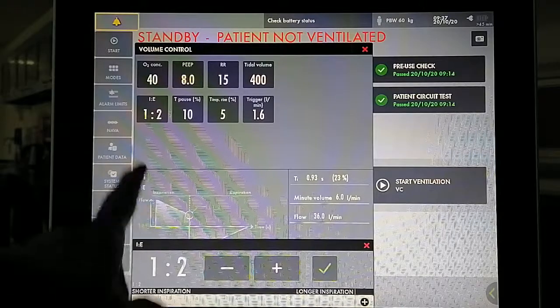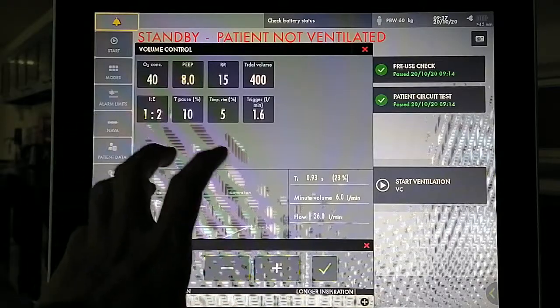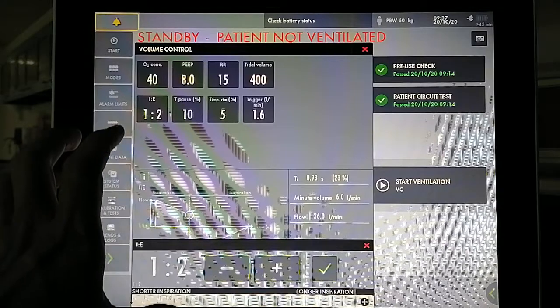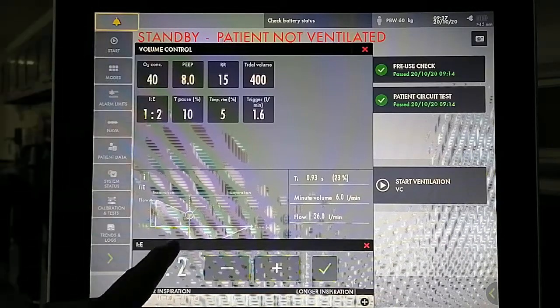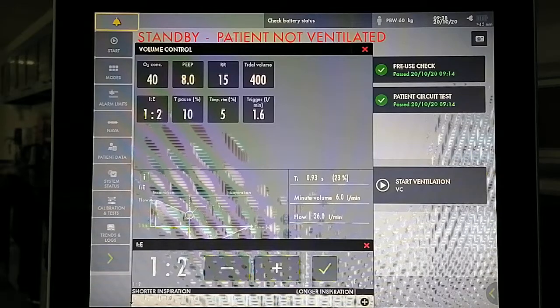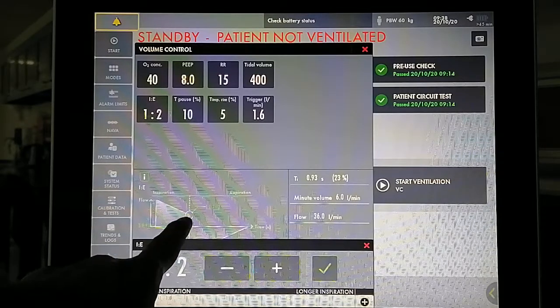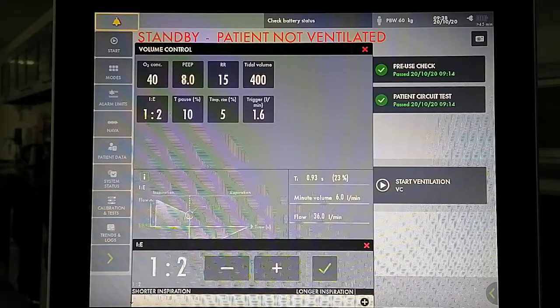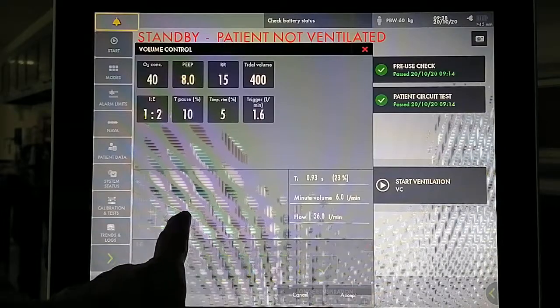For example, with the IE ratio, you see the graphical representation of the flow on inspiration and expiration, and it shows you that the inspiration is terminated at, let's say, 0.93 seconds, at around 40 to 50% of the flow.